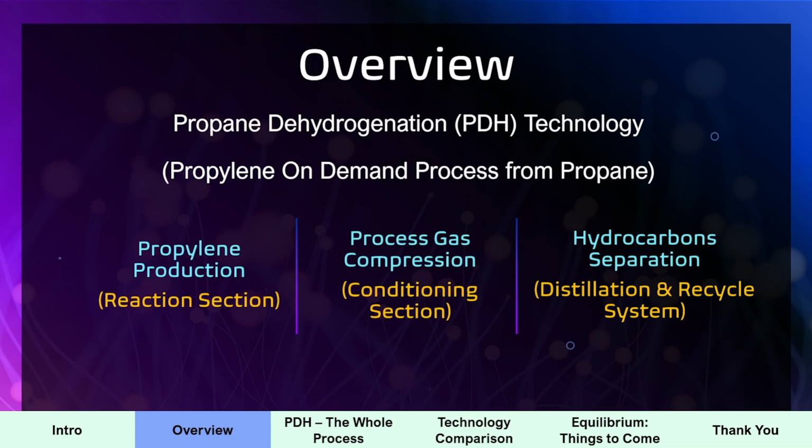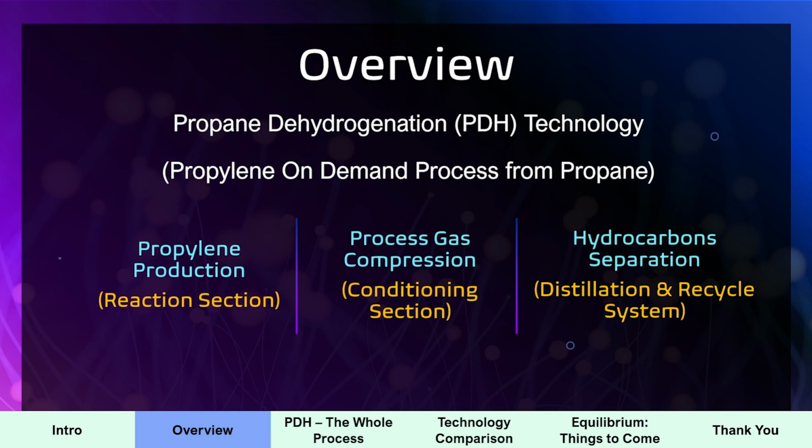That's our main product. As the name implies, it's an on-demand process, propylene from propane, which is a whole different technology from steam cracking and naphtha cracking, where propylene is a byproduct of cracking oil or gas. These are the types of processes I need to target production of propylene.